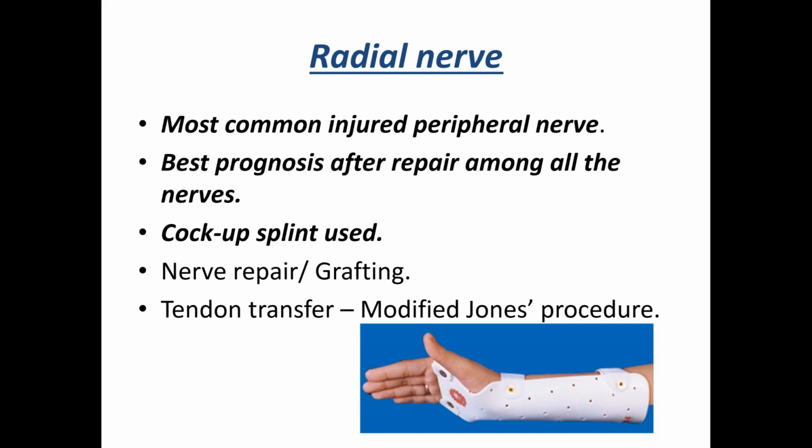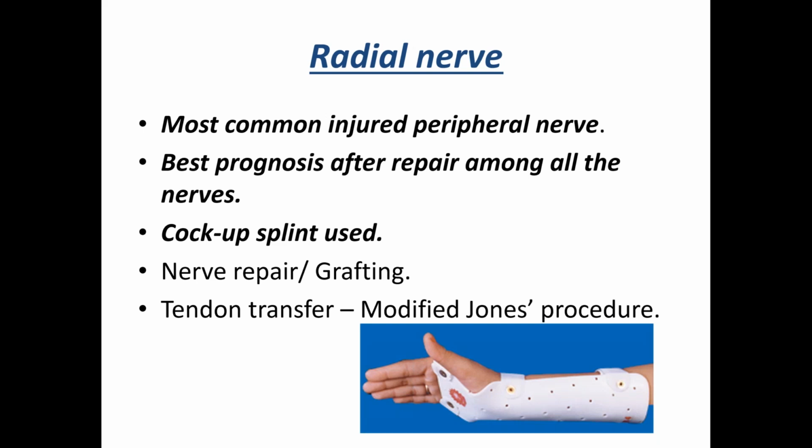So the distance between the site of injury and the innervations is very small, and therefore the recovery is fast. If you consider the example of an ulnar nerve injury around the elbow or in the arm, it will take a long time to recover because the ulnar nerve has to go and supply muscles in the hand also, namely the lumbricals, the interossei and the hypothenar muscles. So that will take some time.